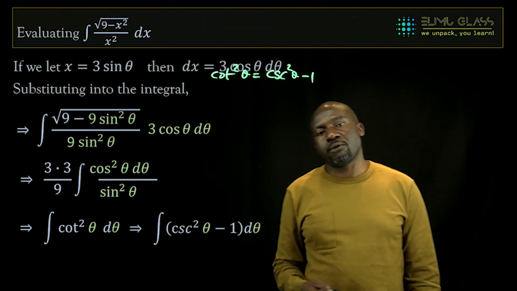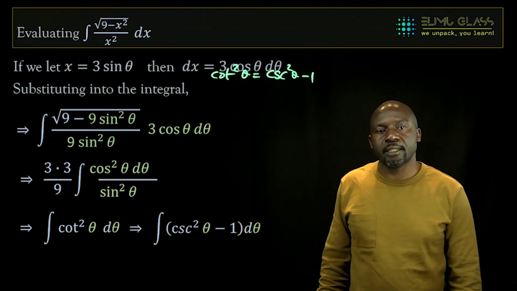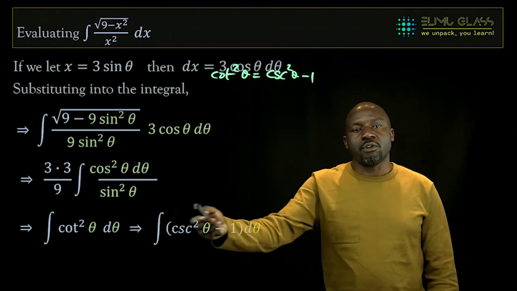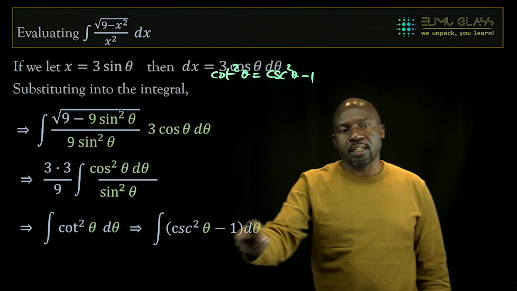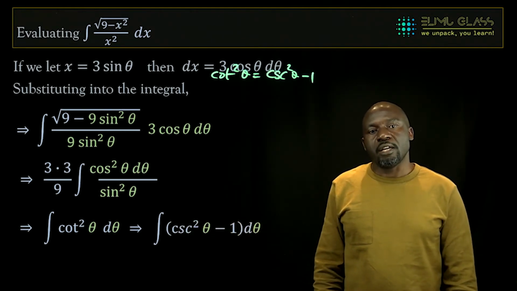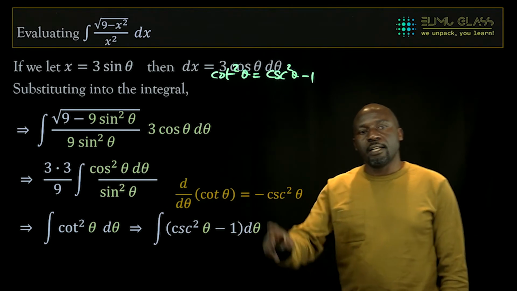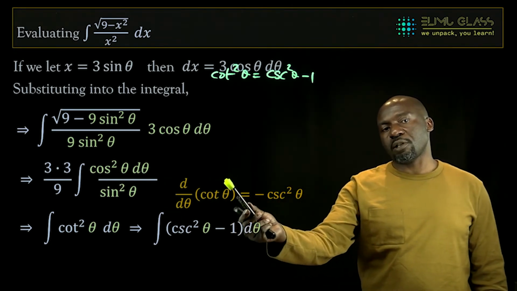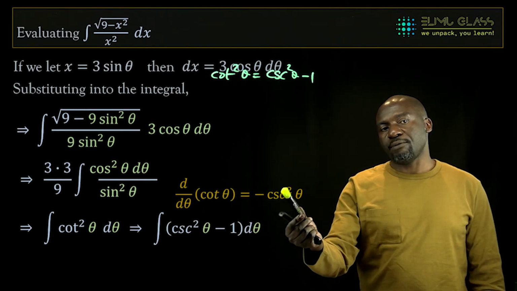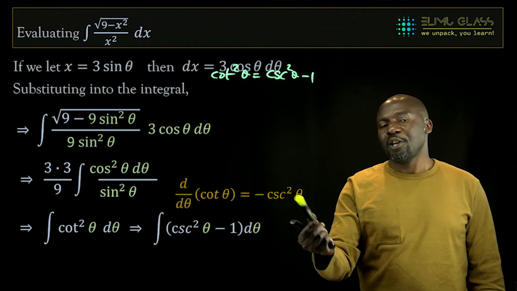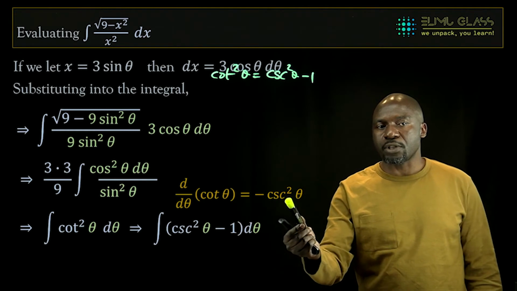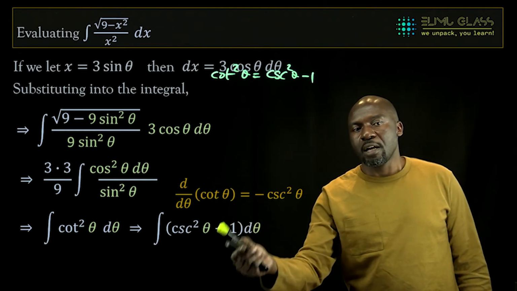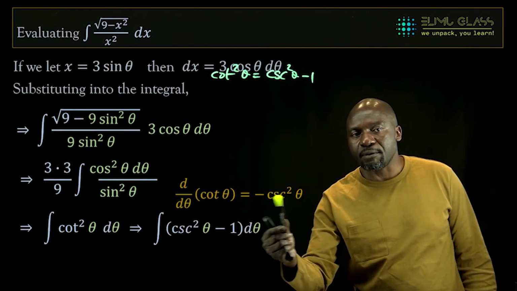The integral of cosec squared is easier to get. If you open that bracket and integrate the two terms, the integral of cosec squared is found by thinking about the derivative. If I differentiate cot theta, I get negative cosec squared of theta. So that means that if I integrate cosec squared, I must get cot. But I don't have negative here.